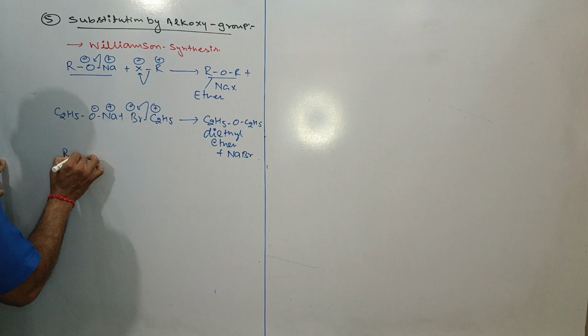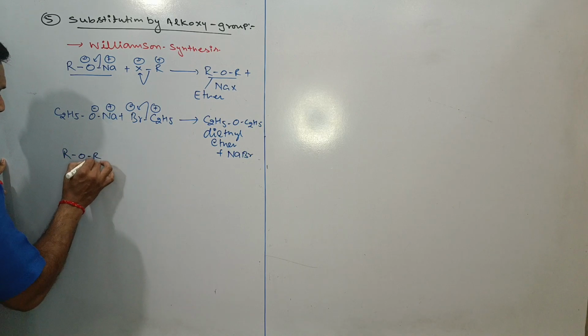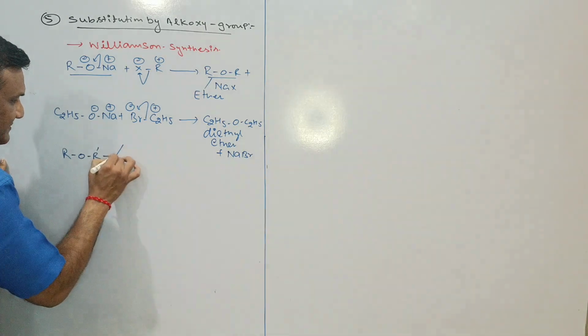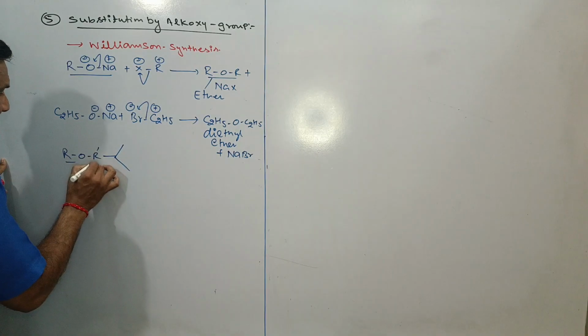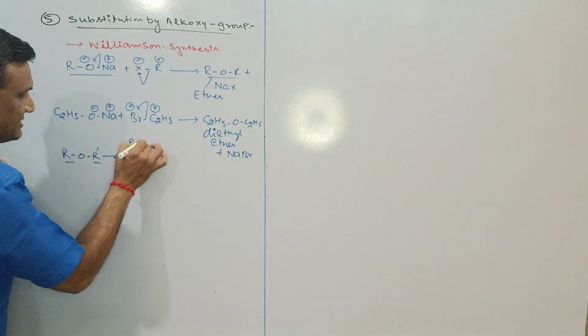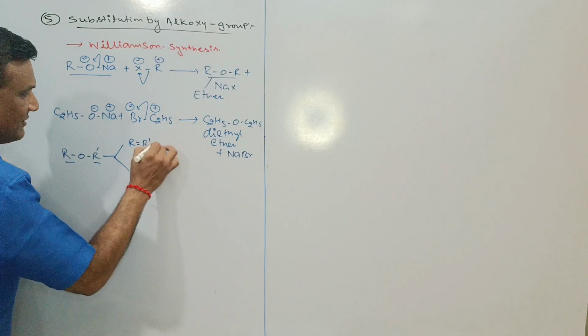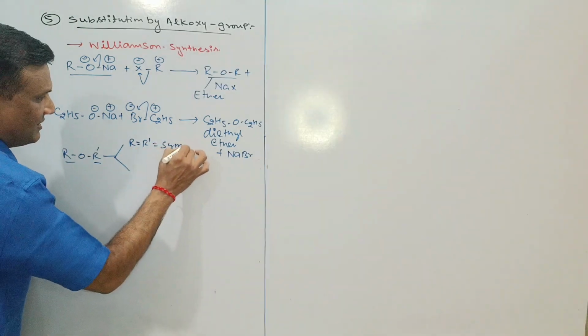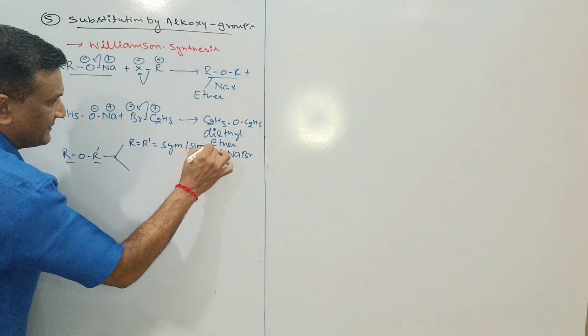If we go with the type of ether, there are two types of ether, ROR dash. When R and R dash are both the same, R equals R dash, they are known as symmetrical or simple ether.